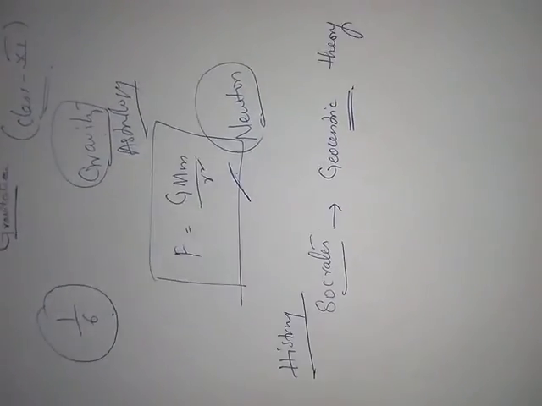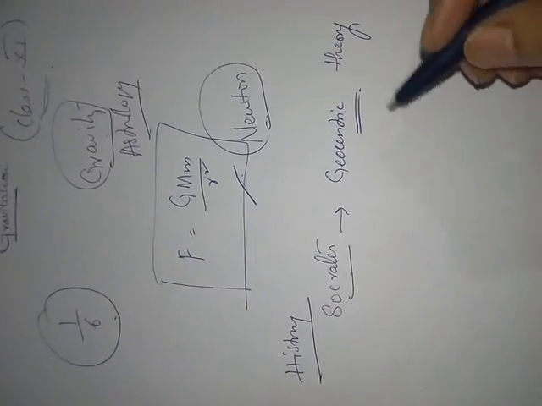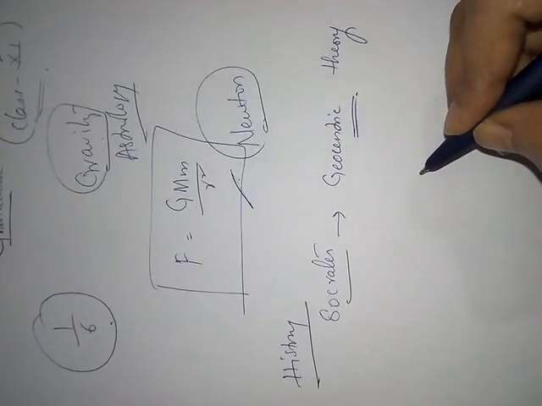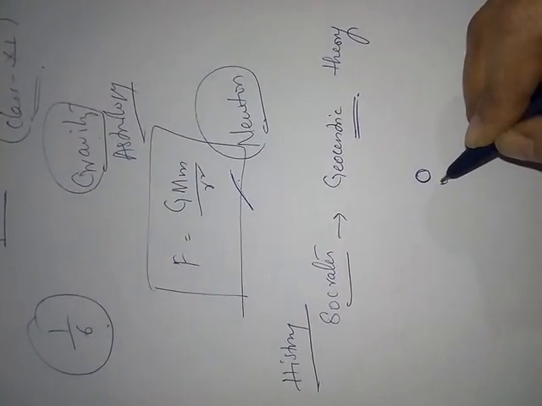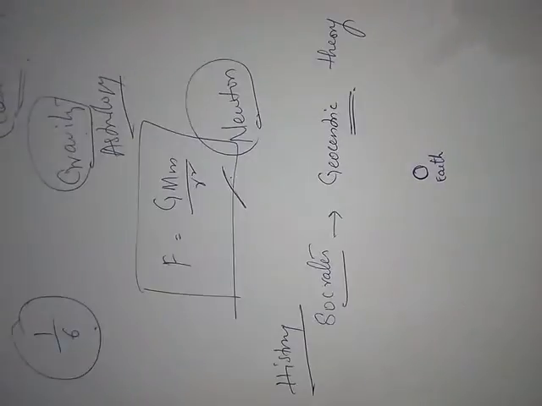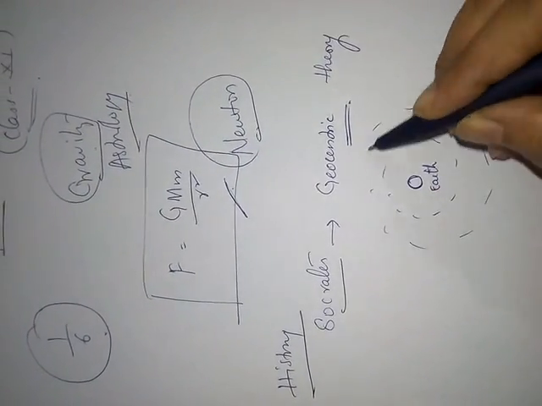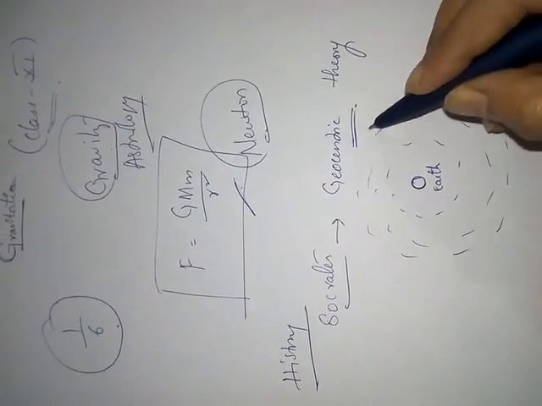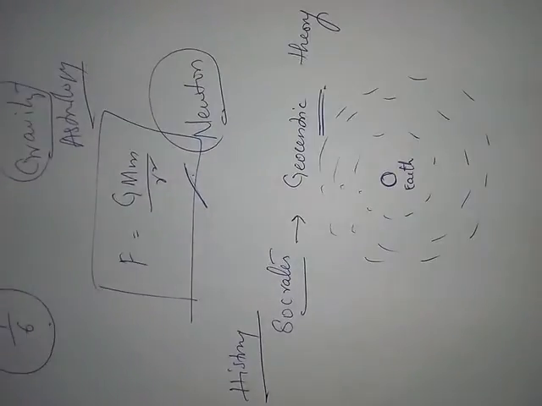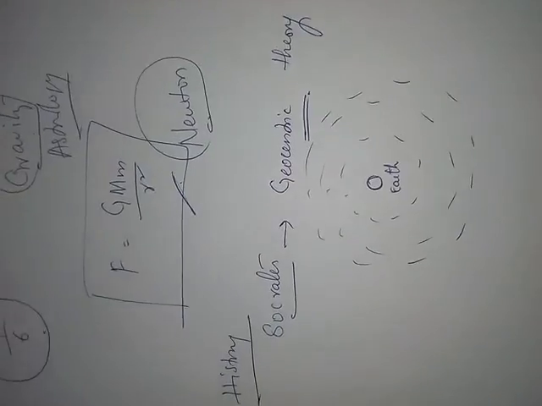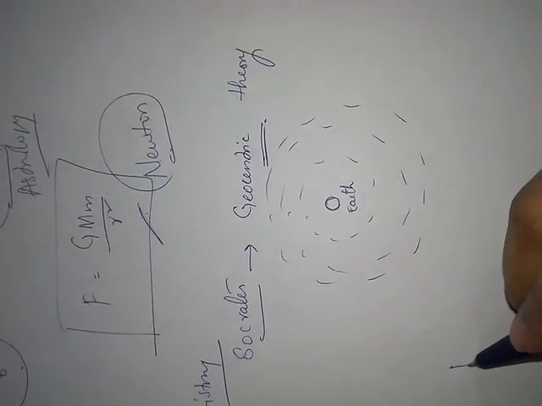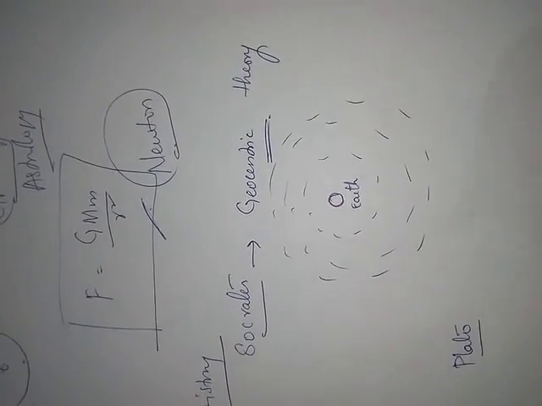Now, what do you mean by this geocentric theory? The geocentric theory states that Earth is the center of the universe and all the planets revolve around this Earth in certain paths called orbits. Followed by Socrates, we have another person named Plato.